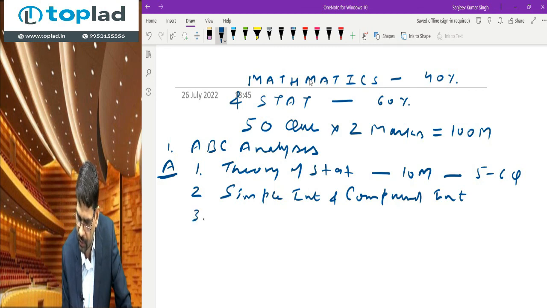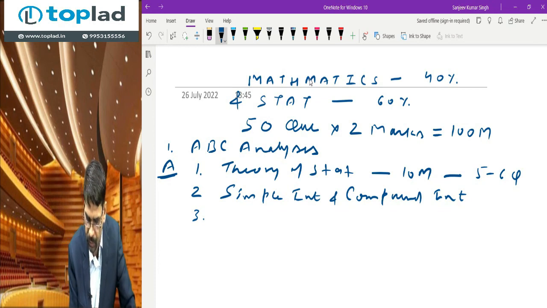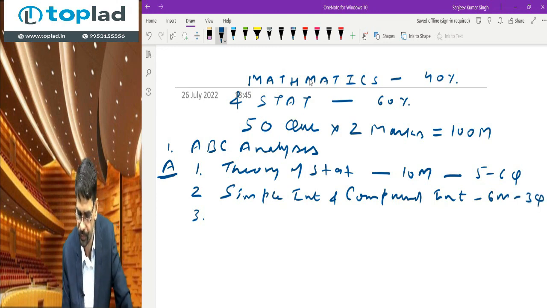Simple interest and compound interest cover at least 6 marks. 6 marks means 3 questions.